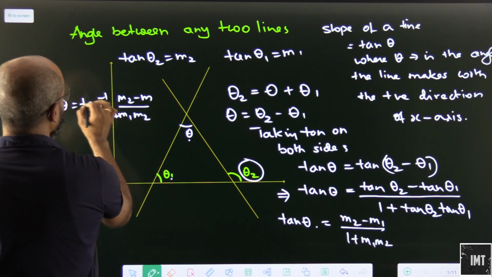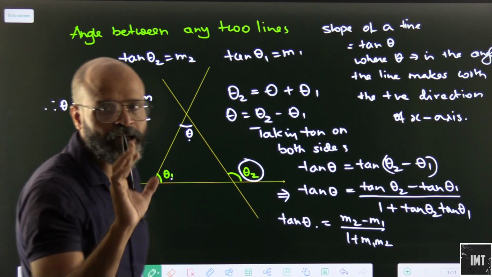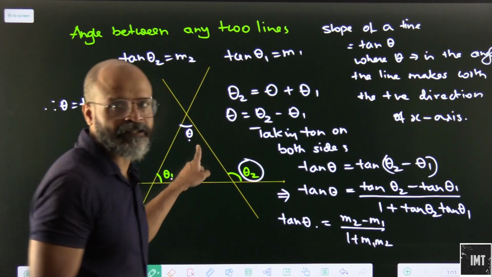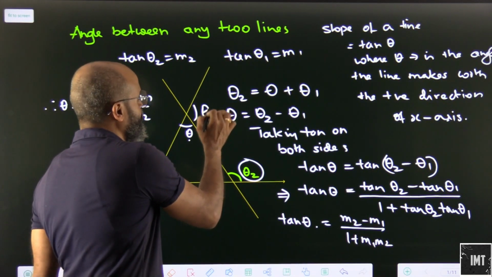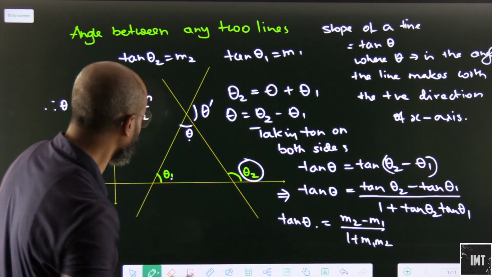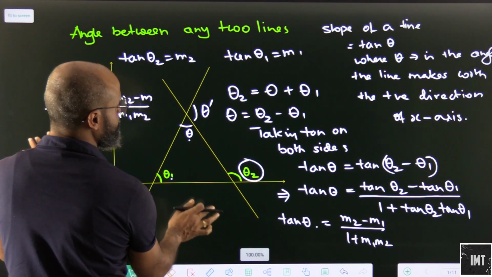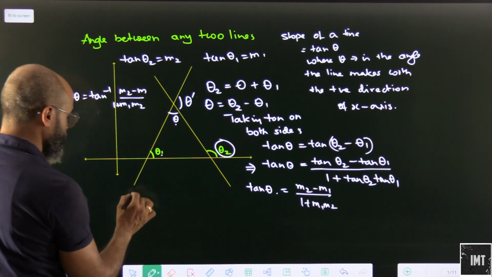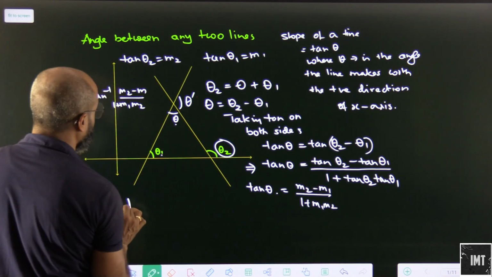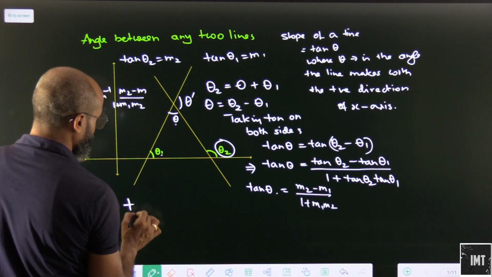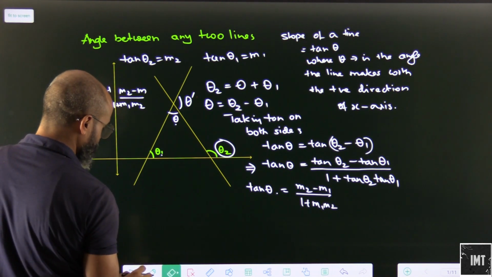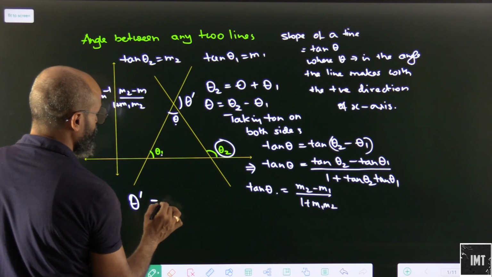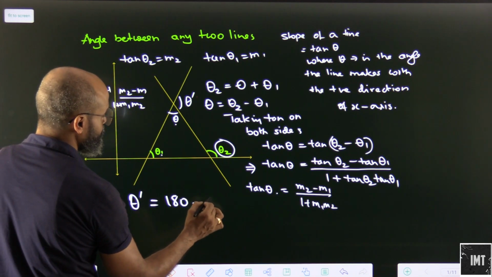Now look at the other angle. We are saying that this is the angle between these two lines, but we can also consider this angle. In case we are considering this angle, that is theta dash, we know that theta dash is equal to 180 minus theta.